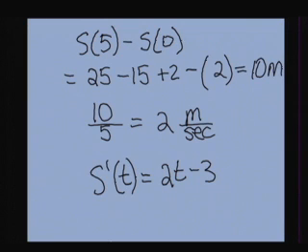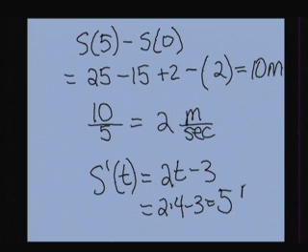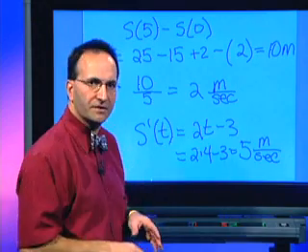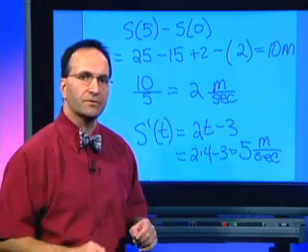And we want the instantaneous velocity when t is equal to 4, so that would be 2 times 4 minus 3, which gives me 5 meters per second. And that would be my instantaneous velocity at time t equals 4.